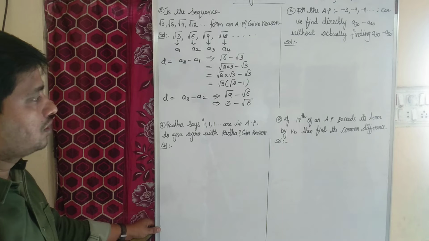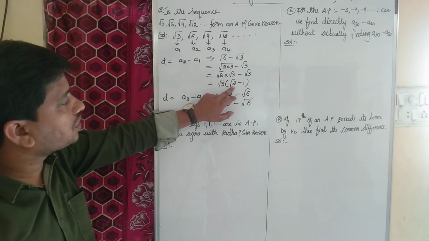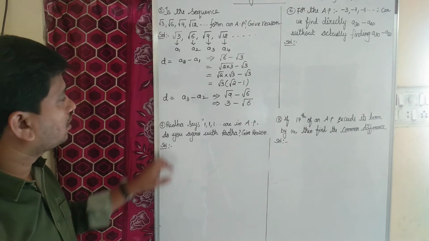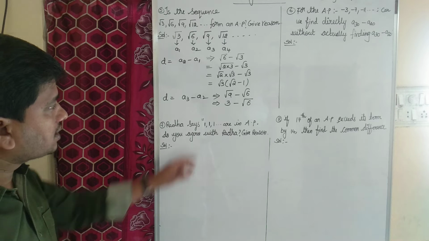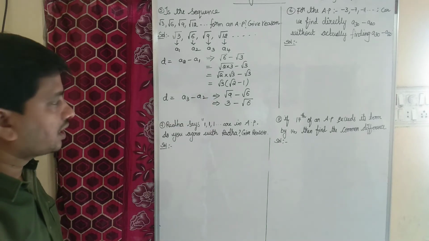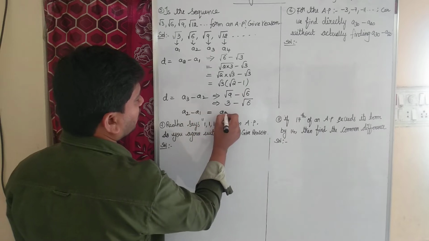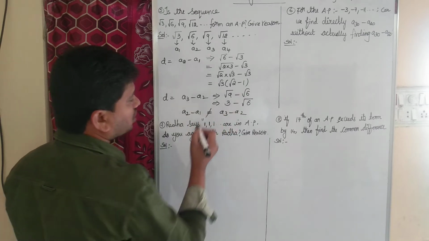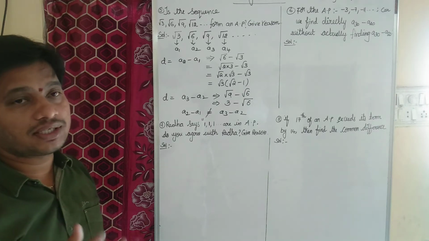See now, here we got common difference D equal to root 3 into root 2 minus 1. But in the second case common difference D equal to 3 minus root 6. Is the common difference the same? Is A2 minus A1 equal to A3 minus A2? No, children. A2 minus A1 is not equal to A3 minus A2.